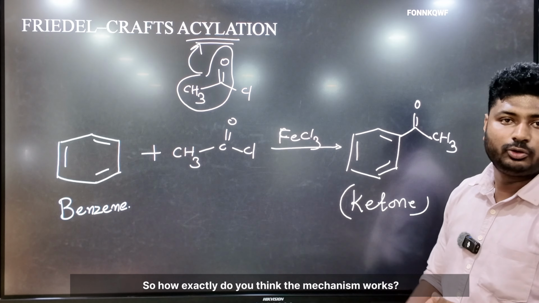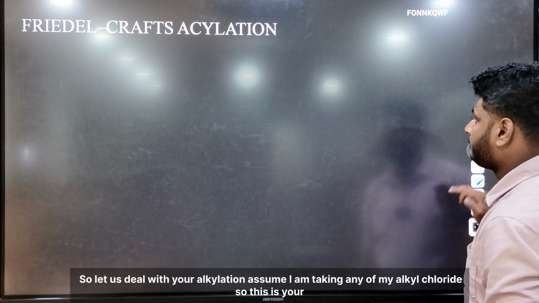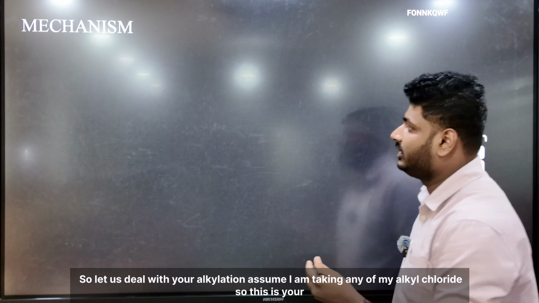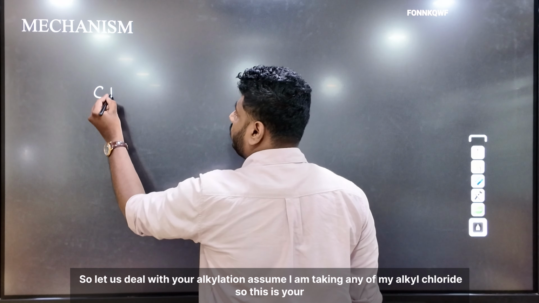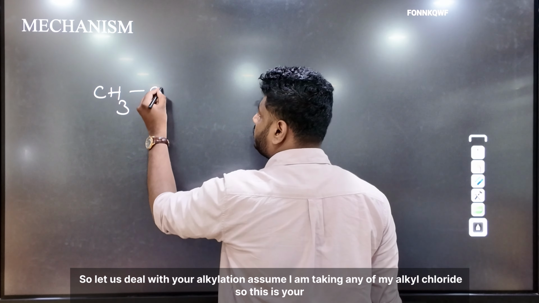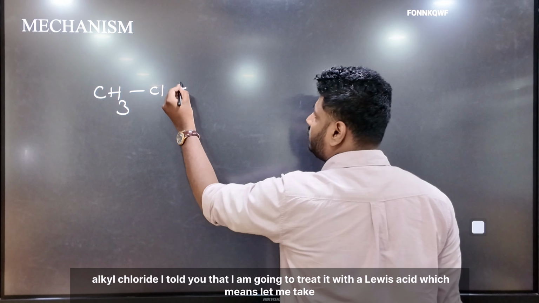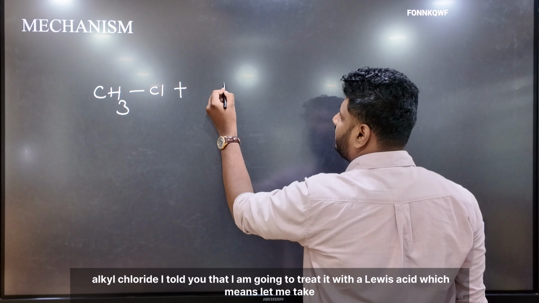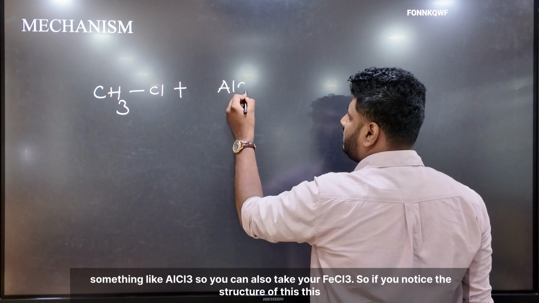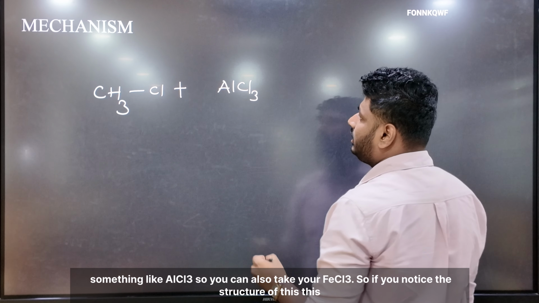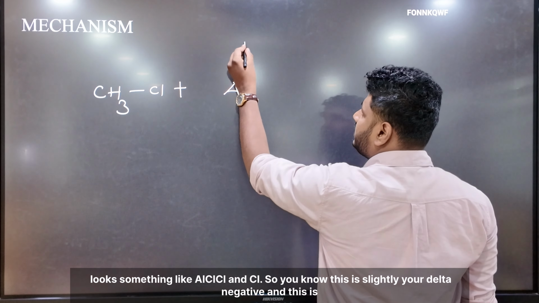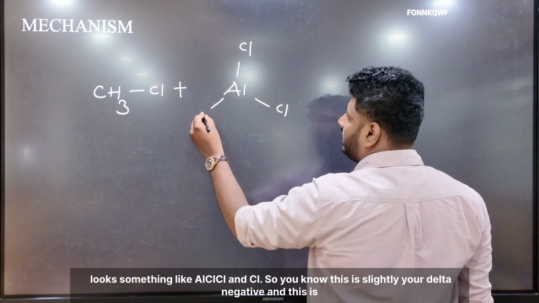So how exactly do you think the mechanism works? Let's deal with alkylation. Assume I'm taking any alkyl chloride. I told you that I'm going to treat it with a Lewis acid, so let me take something like AlCl3. You can also take FeCl3. The structure looks something like Al, Cl, Cl and Cl.